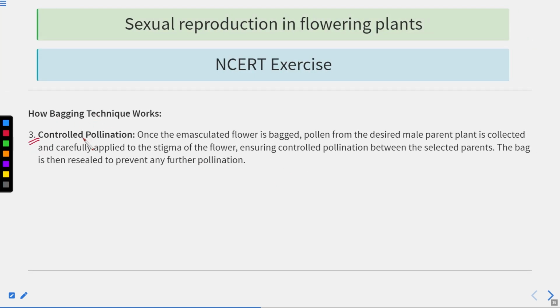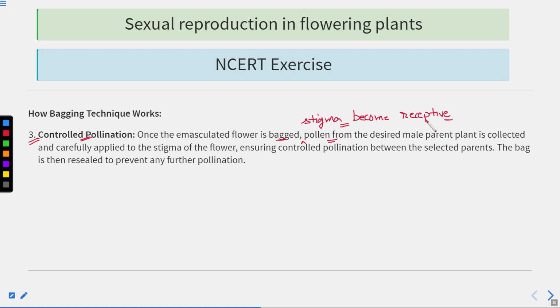The third point is controlled pollination. Once the emasculated flower is bagged, you wait until the stigma becomes receptive. It is very important that the stigma becomes receptive, because only then will the pollen germinate.